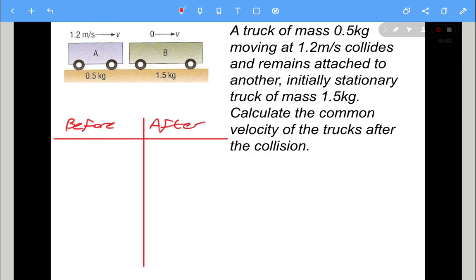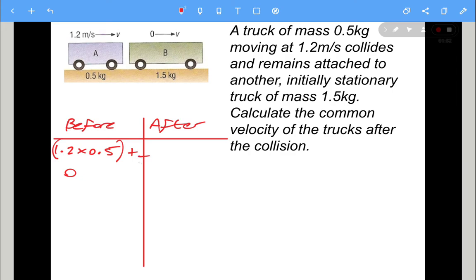Before the collision, we need to do the momentum of everything. So let's do the momentum of truck A first. That's 1.2 times 0.5, so it's just mass times velocity. You can calculate that because it's very straightforward. Sometimes it's not, so we just write the sum out, plus, and this one's 1.5 times 0. Obviously that's 0. So that's before, and then we're going to do the momentum after.